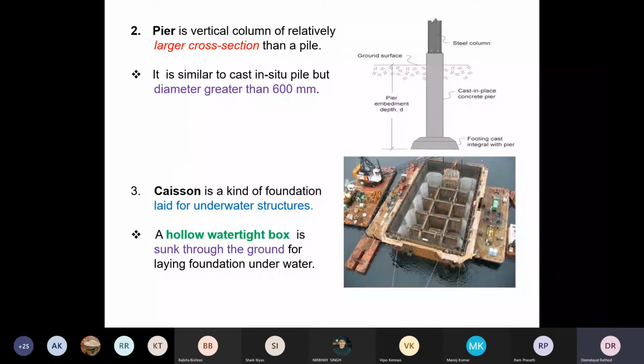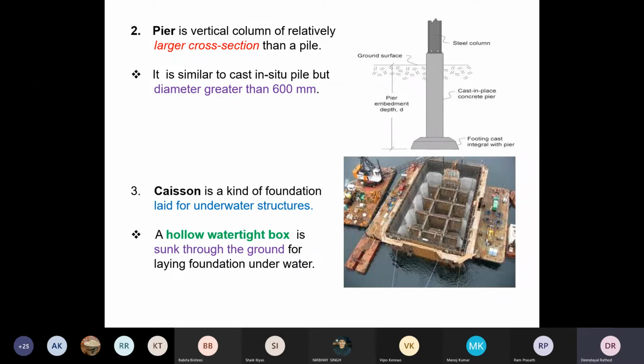And this again is called the pier. Pier is nothing but a bigger diameter pile. A pier is a vertical column of relatively larger cross section than the pile. It is exactly like a pile, and the diameter is greater than 60 centimeters, generally more than 1 meter. Above 1 meter we generally call it a pier.